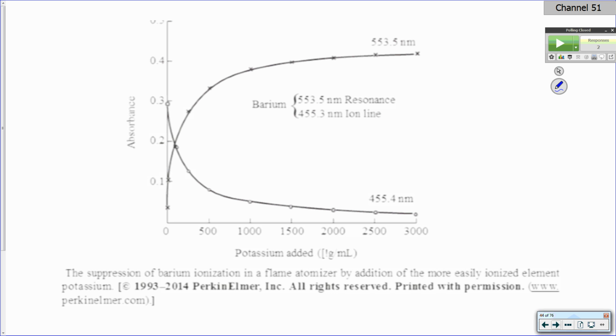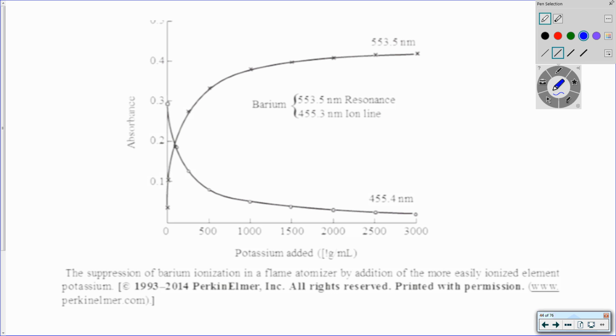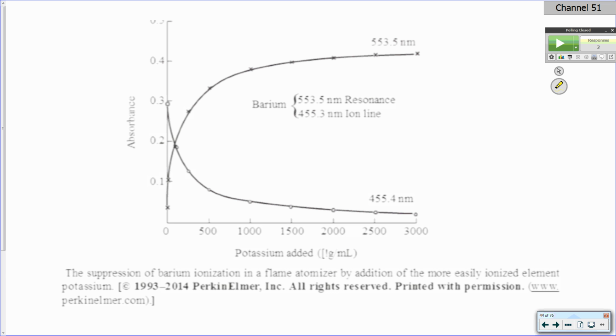Right, this shows an example of an ionization suppressor's influence. So this is the suppression of the barium ionization that occurs by the addition of potassium as an ionization suppressor. So this is our barium signal, that's its absorbance.